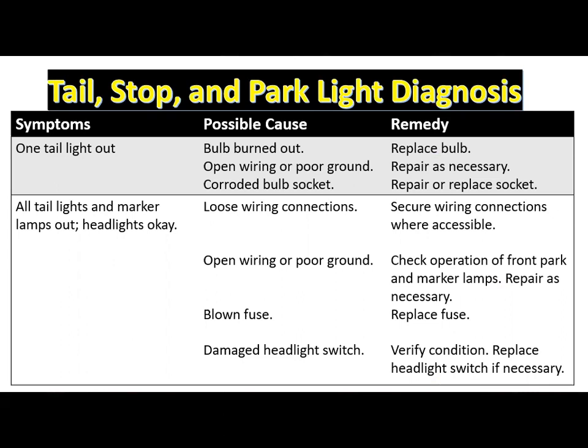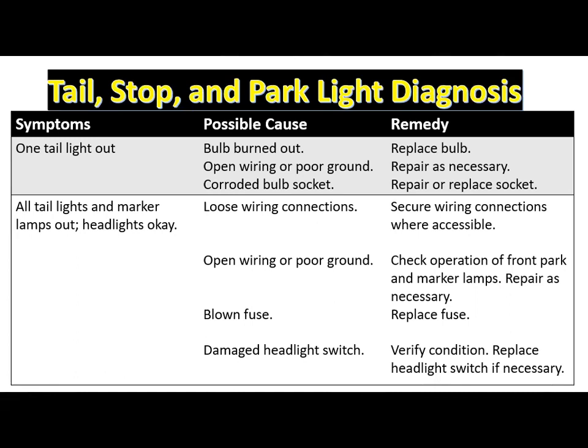Another symptom is all tail lights and marker lamps out, but the headlights are okay. Then it could be a loose wiring connection, open wiring or poor ground, a blown fuse, or a damaged headlight switch. The remedies would be to secure wiring connections where accessible, check operation of front park and marker lamps, repair as necessary, and replace the fuse.